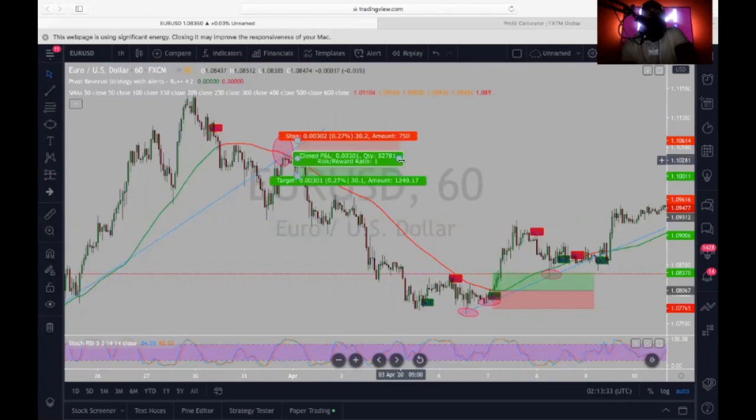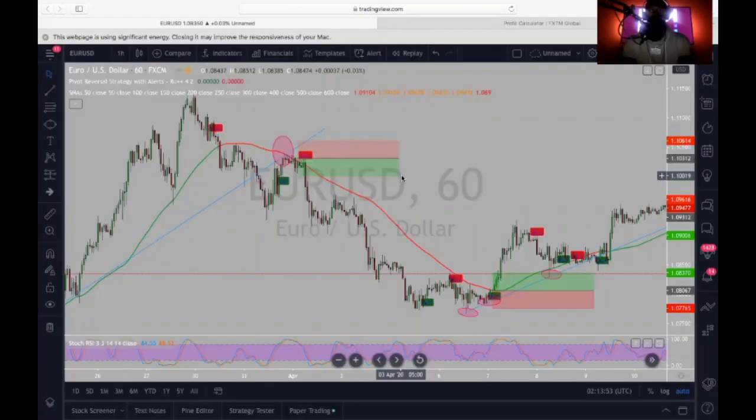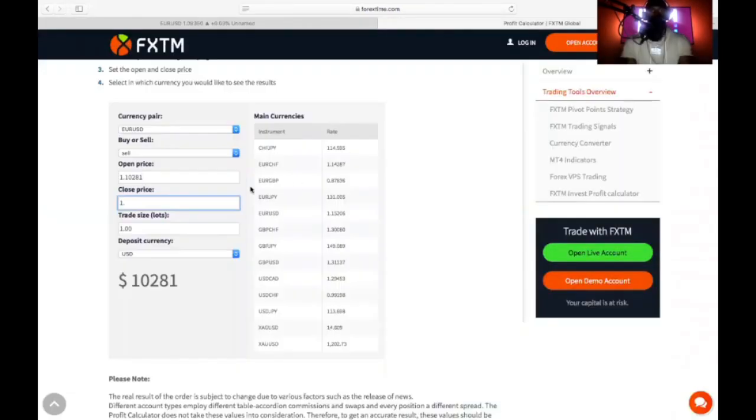Let's say we got in right here at 1.10281. We rolled it down to 1.10019.